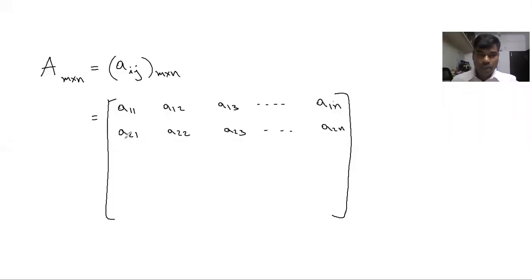So this is the definition of a matrix. A rectangular arrangement of elements in rows and columns is a matrix, and the general form of an m by n matrix, with m rows and n columns, is like this. The mth row is am1, am2, am3, and so on, amn.